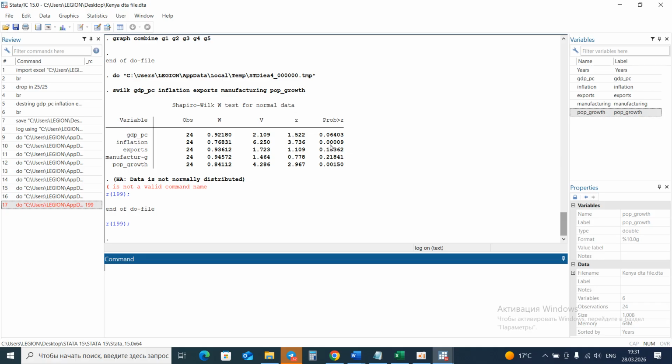Probability should be more than 0.05. As you can see, two of our variables fail this test. That's why we take the HA hypothesis, which states data isn't normally distributed.